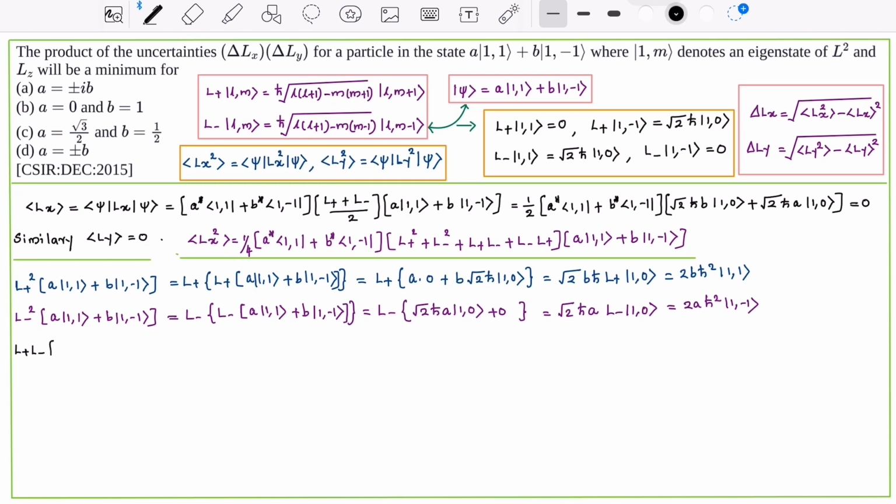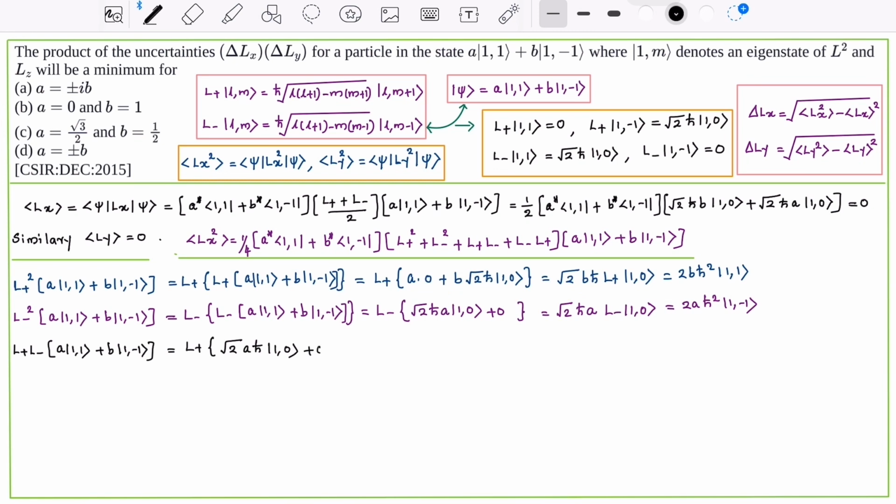Next, let us find L plus L minus acting on A|1,1> + B|1,-1>. That is L plus operating on root 2 A h bar |1,0> plus 0. That is equal to root 2 A h bar L plus operating on |1,0>, which is equal to 2A h bar square |1,1>.